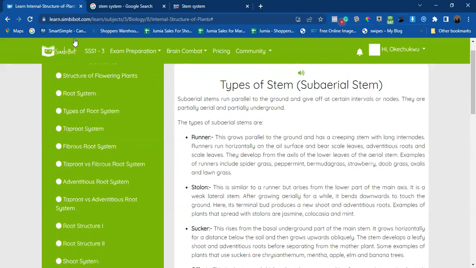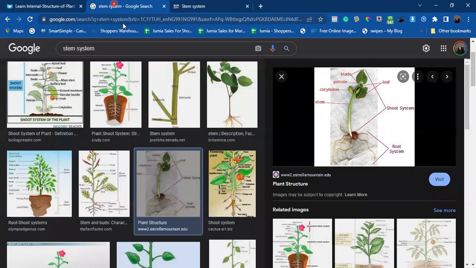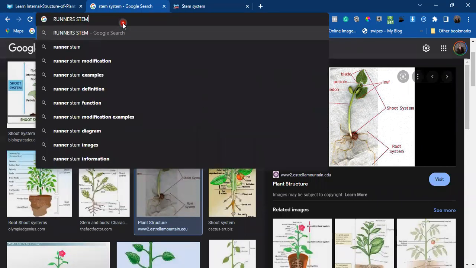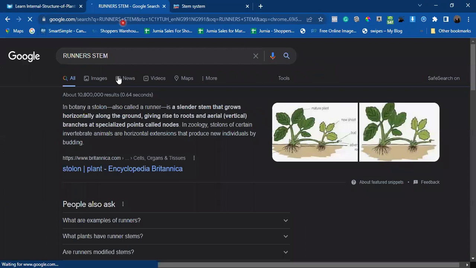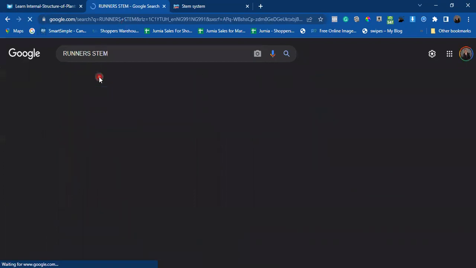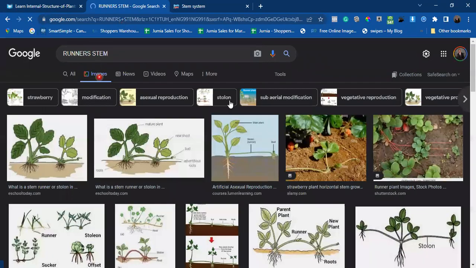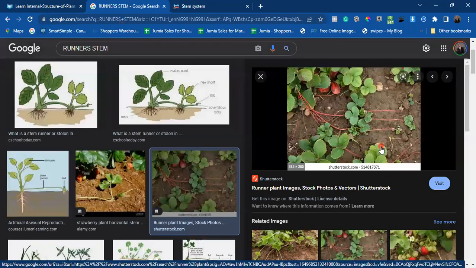Let me show you an example of runners. They grow along the ground.